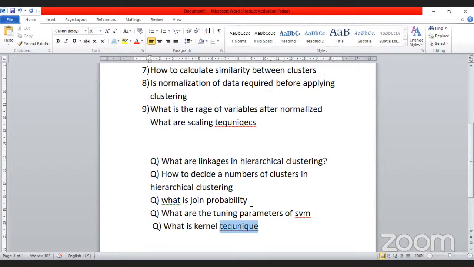Okay, what is the kernel in SVM? Let's explain the kernel in an SVM. Kernel is a technique that transforms low dimension data to high dimension data.